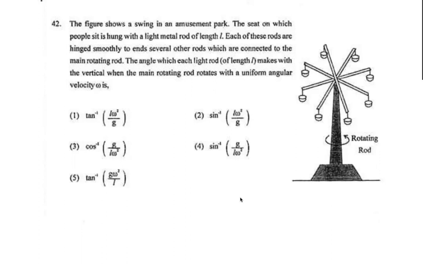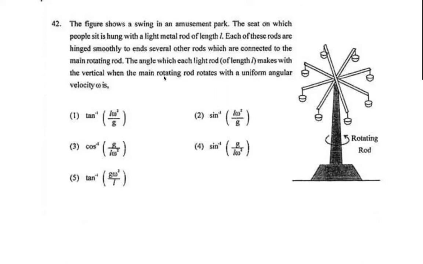Interesting, very interesting. Read it again. The figure shows a swing in an amusement park. A swing, right? The seat on which people sit is hung with a light metal rod of length L. Each of these rods are hinged smoothly to ends of several other rods which are connected to the main rotating rod.